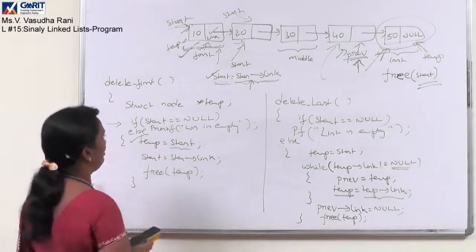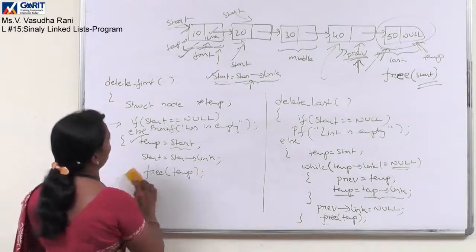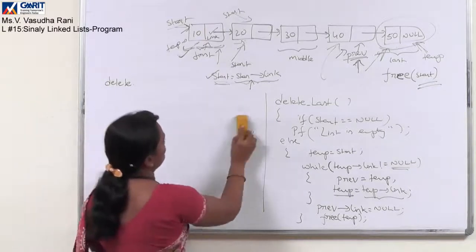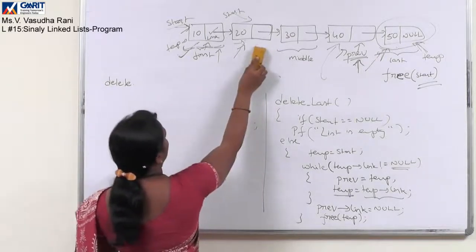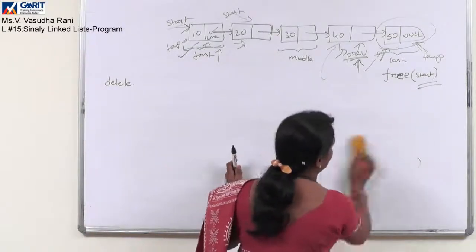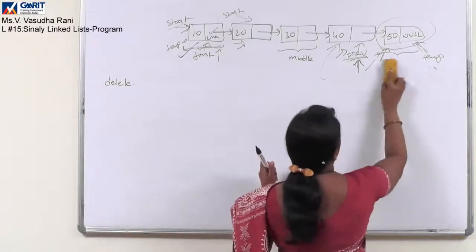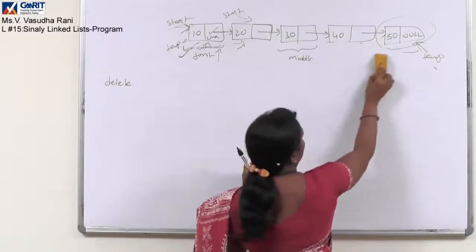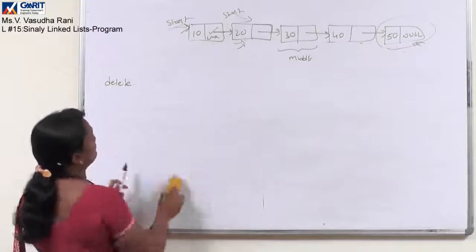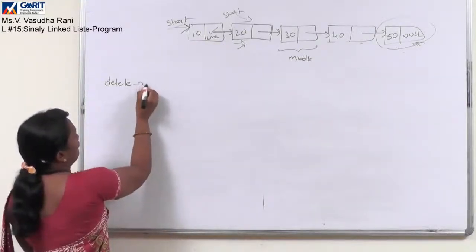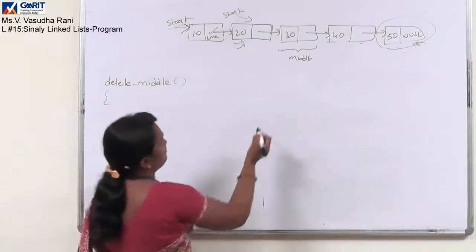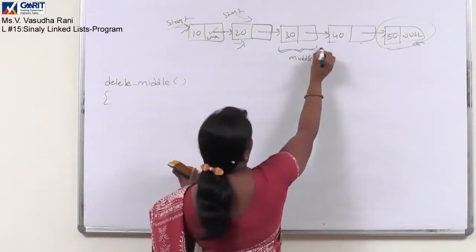And we have the other module, delete middle. So this is your delete middle node.